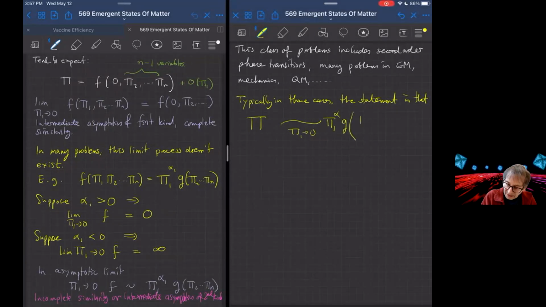But in fact, it doesn't necessarily have to depend just on pi2. It could depend on pi1 to an exponent, which we'll call beta1, pi3 to some exponent beta 2, and so on and so forth. So this would be the most general form if you have this sort of power law behavior here.